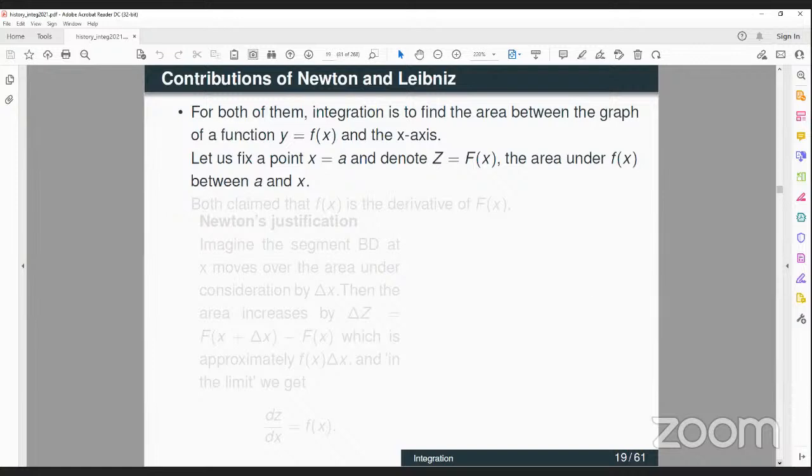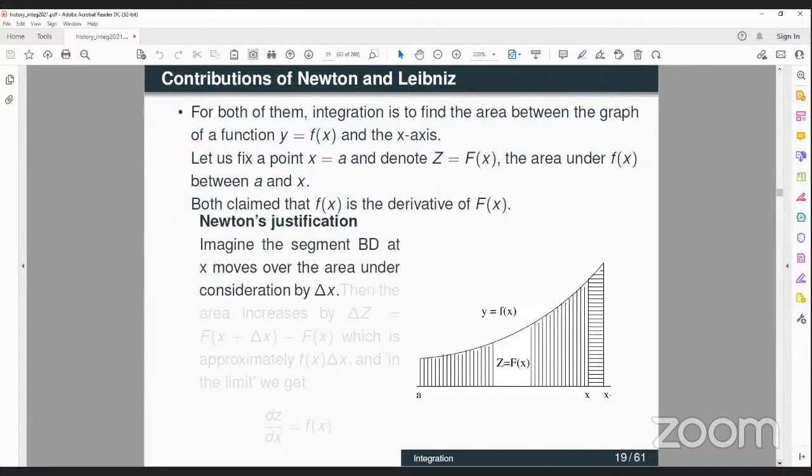Let us fix a point a and denote Z equal to F(x), the area below the curve. Then Newton said, if you look at F(x + delta x) minus F(x), that strip from x to x + delta x is approximately equal to f(x) delta x.